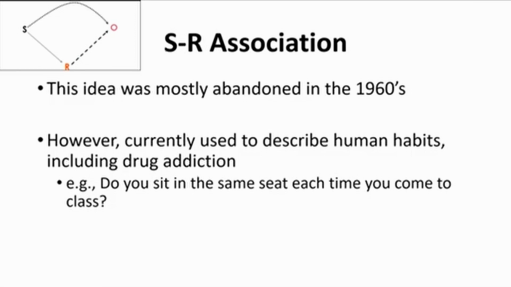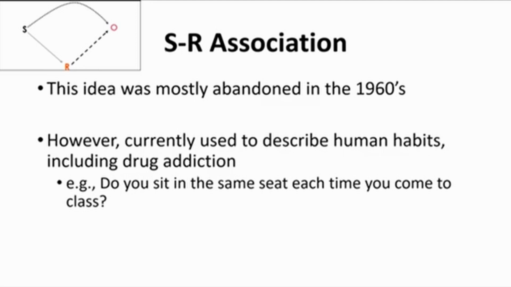Specifically, this SR association is thought to be really important when it comes to habits. So things that we do out of habit, things that happen automatically without cognitive involvement. Habits are behaviors that we tend to do the same way each time we do them. They occur pretty much automatically, and we often do them without thinking.